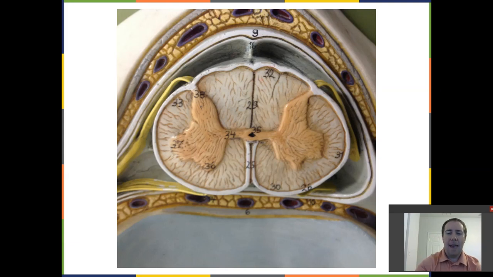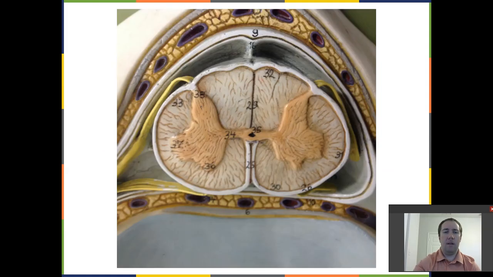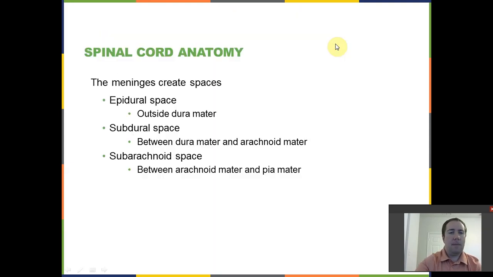And so epidural, dural refers to dura mater, and this is outside of the dura mater. And so this is this little space between the blue layer and the bone. So it's very small.